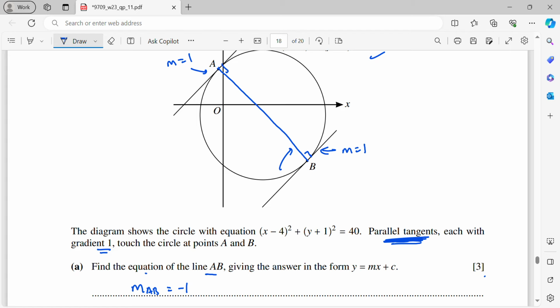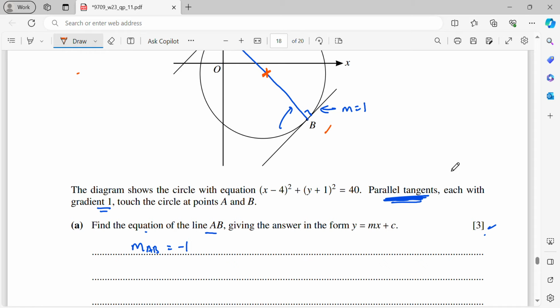So now A and B are unknown and only 3 marks here. So I am not going to find the points A and B. So what I need to do is, since A and B are on the circle and these two are tangent lines, this A and B is basically the diameter. Okay, so which means I will just need to find the center.